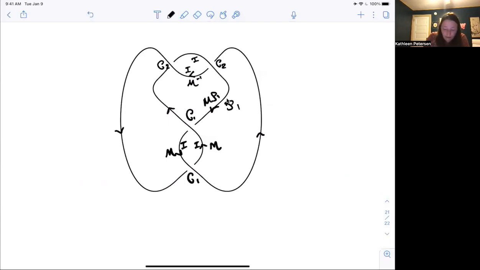If I label this one P2, then the edge equation tells me this one is MP2. And so all I have to do is label this and this. So I'll label this one P3 and I'll label this one P4.